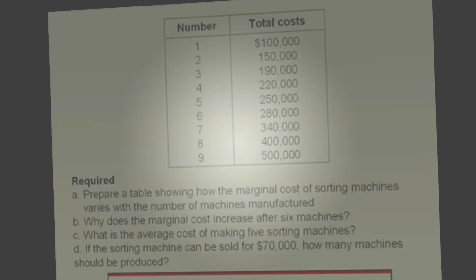Part C, tell me what's the average cost of making 5 sorting machines. Part D, if a sorting machine can be sold for $70,000, how many machines should be produced if the objective is to maximize profit?